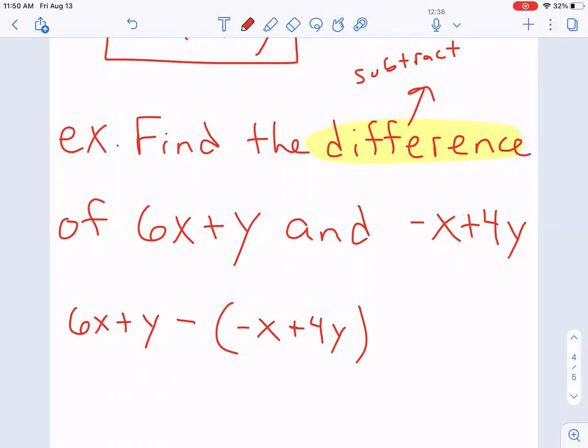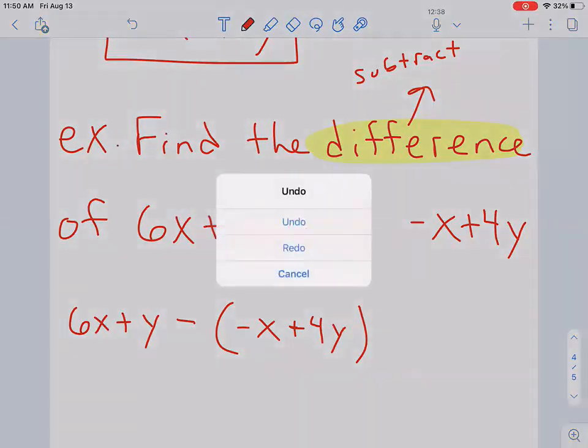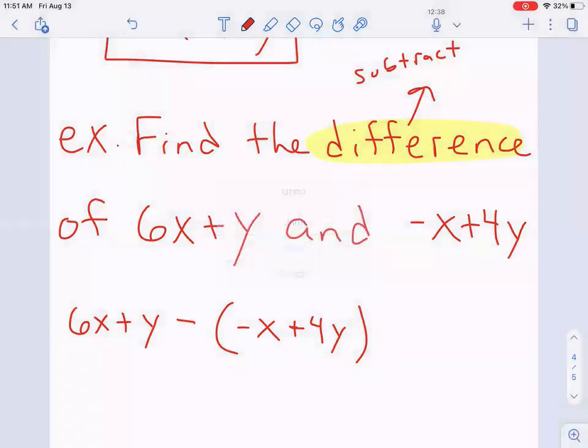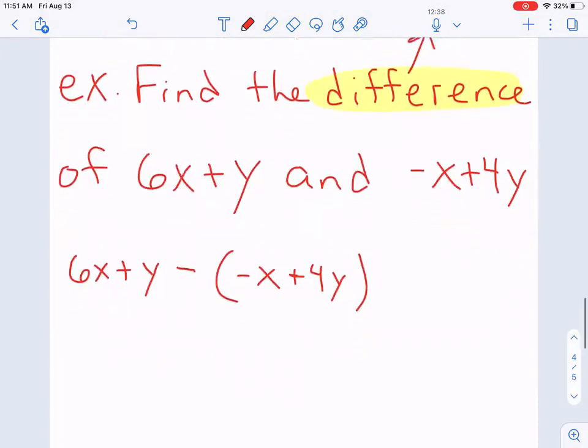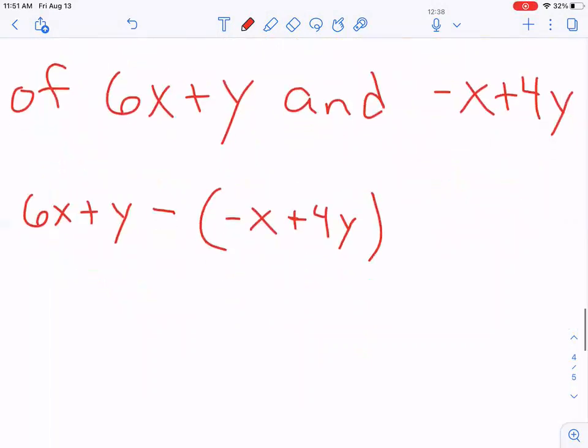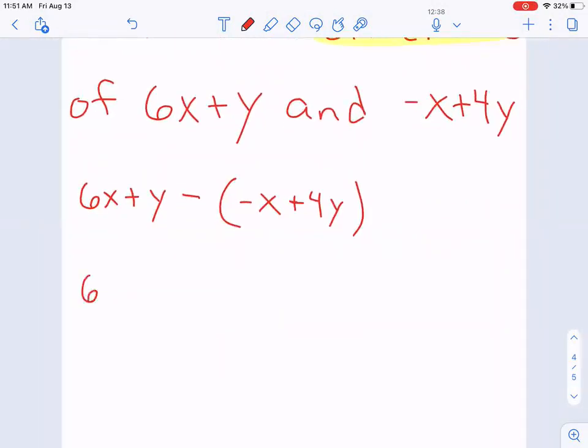Okay, so we do the minus and then use your parentheses. All right, so now I'm going to distribute the negative sign. So I have 6x plus y. And I have minus negative is going to be plus x and minus 4y. Don't forget, that goes to both terms then.